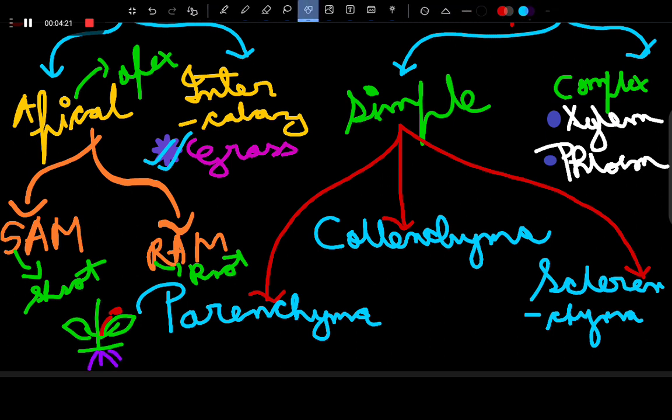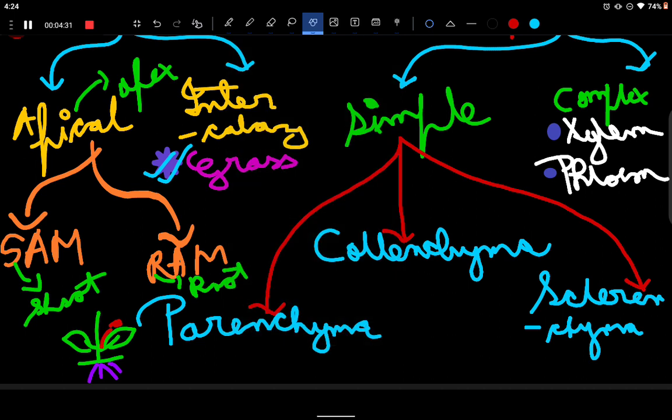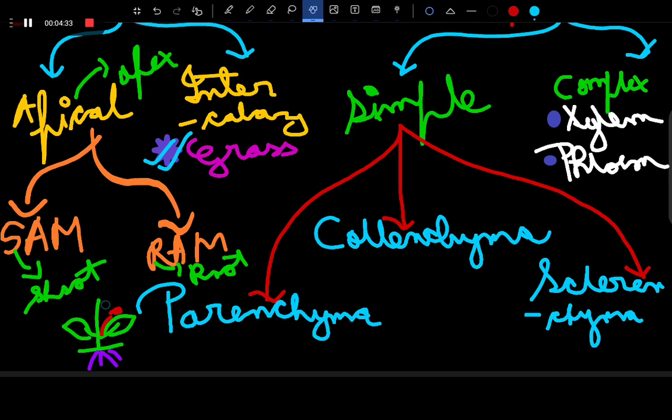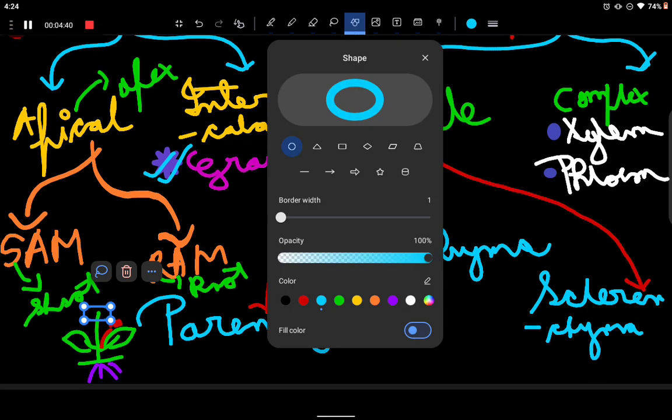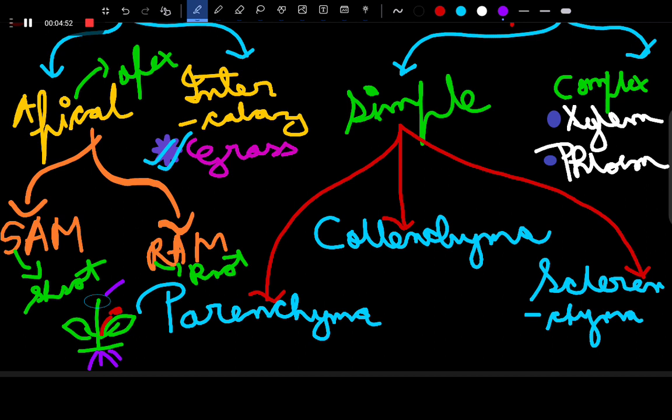Now, I'm going to mark a part and at that portion only the apical meristem would be found. See, at this part, at the top. What is that? That is the apex of the shoot. The shoot apical meristem would be found right over here.